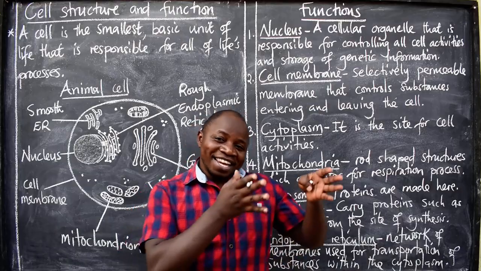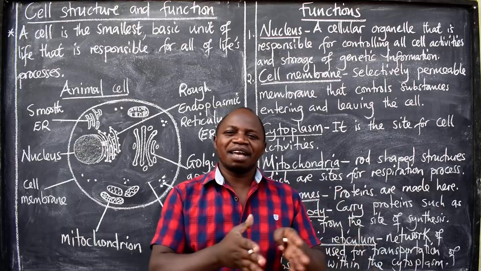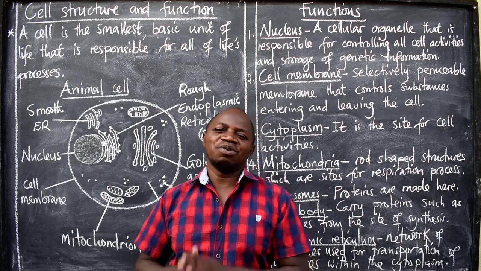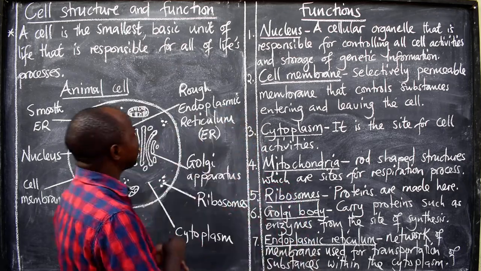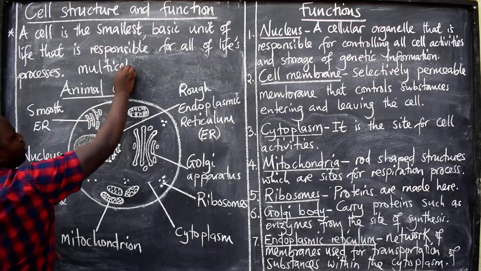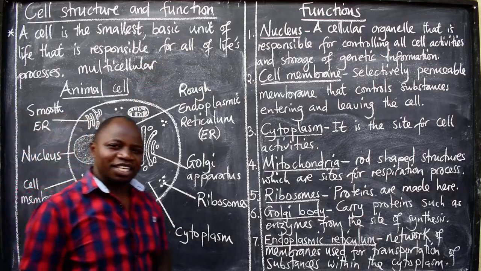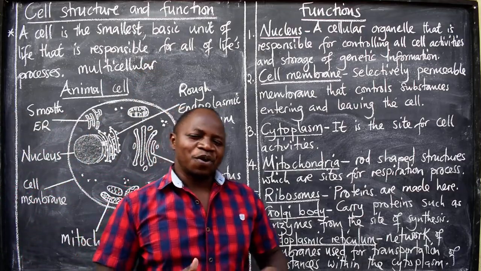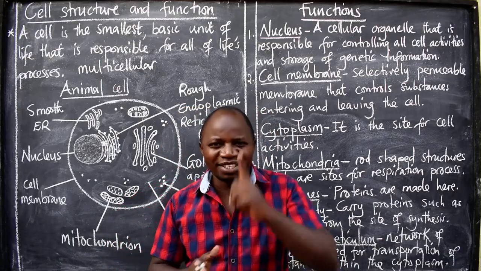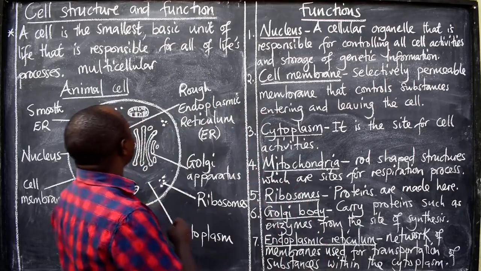Living organisms that are made up of different types of cells in their bodies are called multicellular organisms. We also have living organisms that are made up of only one single cell. What do we call them? Unicellular.